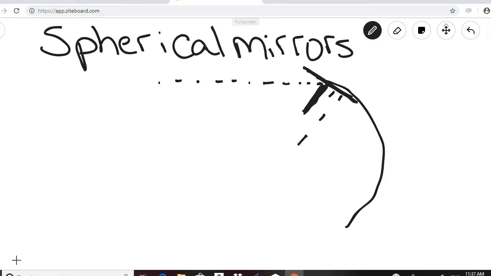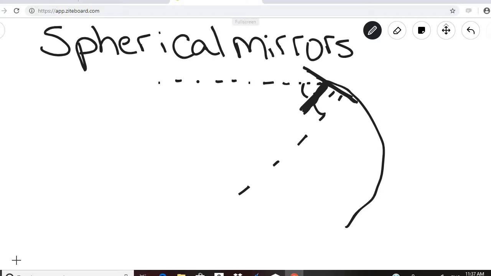This is not going to be drawn very well to scale, but the angle of incidence and the angle of reflection are measured relative to this line that is perpendicular to the tangent line. And then it is true that the angle of incidence is equal to the angle of reflection.